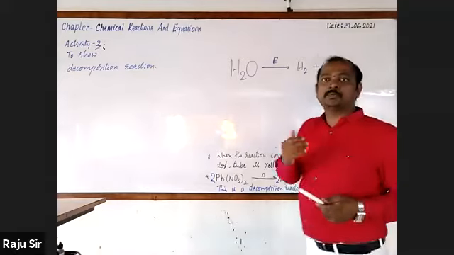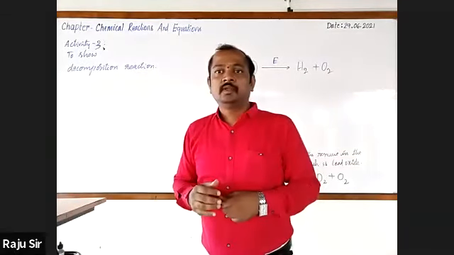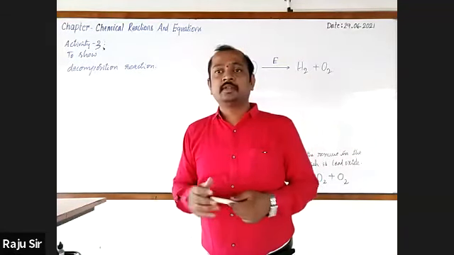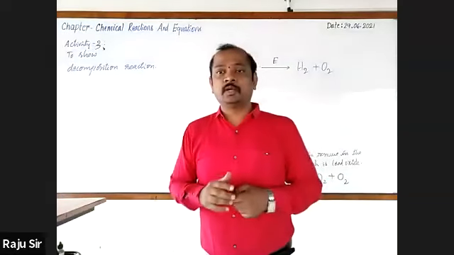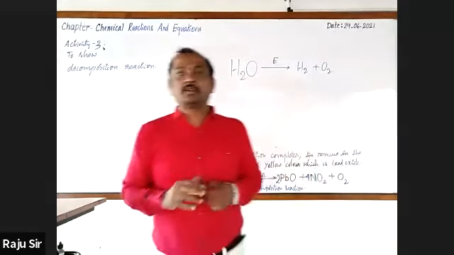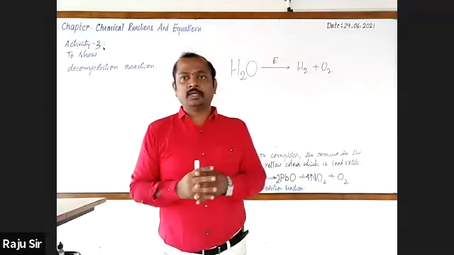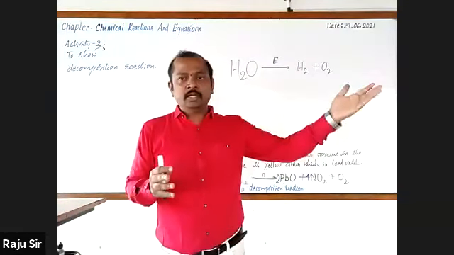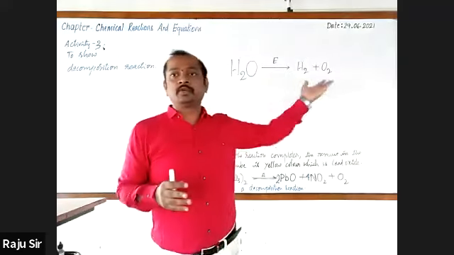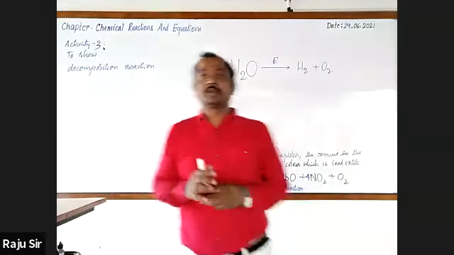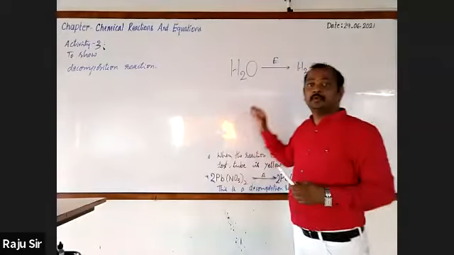And you have called this phenomenon electrolysis of water. That is, when electricity is passed through water, it decomposes into hydrogen and oxygen. This is known as electrolysis of water.